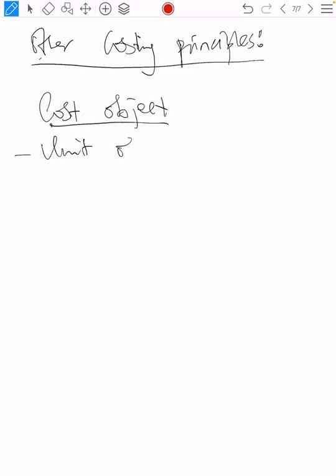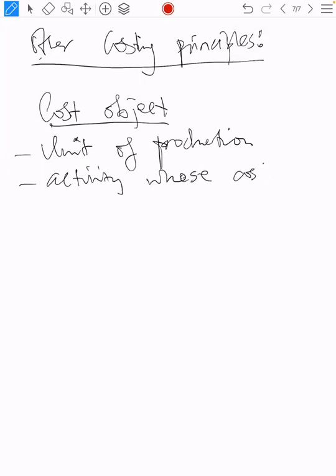A cost object is a unit of production. Or in other words, a cost object is an activity whose costs are being accumulated.